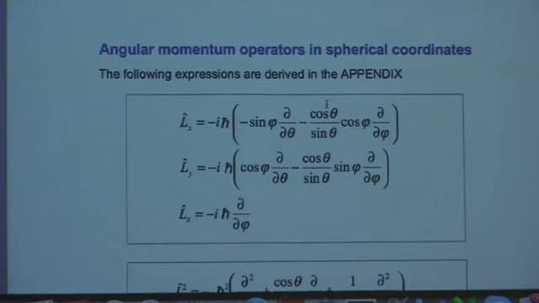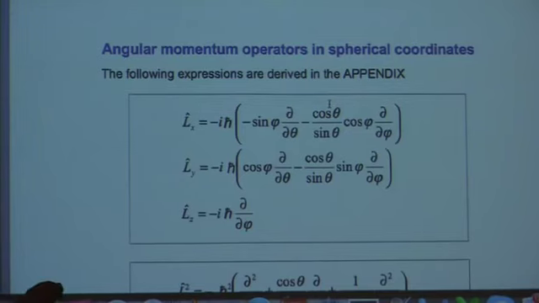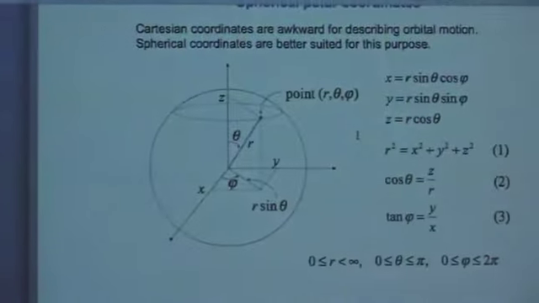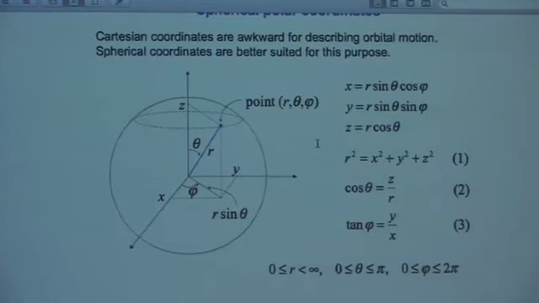It's just a derivative with respect to phi, and we saw that in the particle on the ring. Now when we consider a particle on the sphere, then we'll need to also consider Lx and Ly. These terms can be derived using essentially the definition of what spherical coordinates are, right?